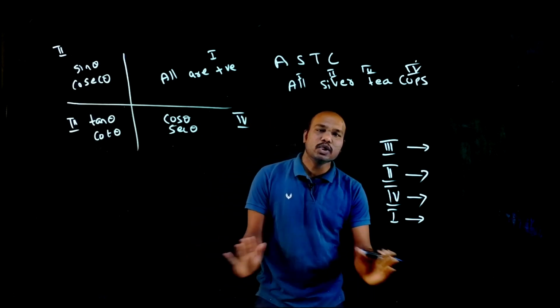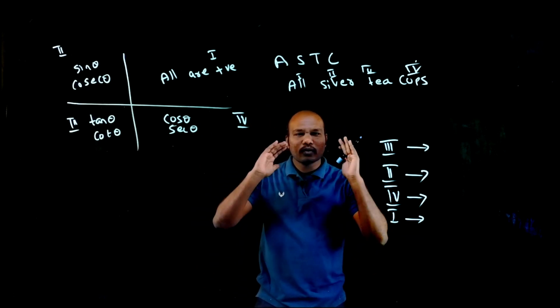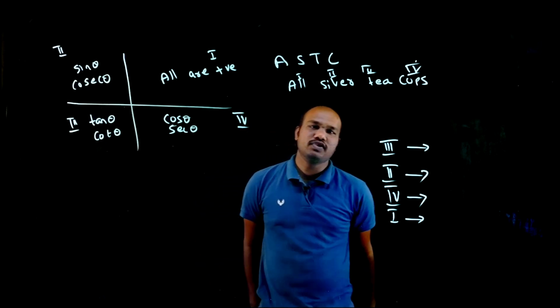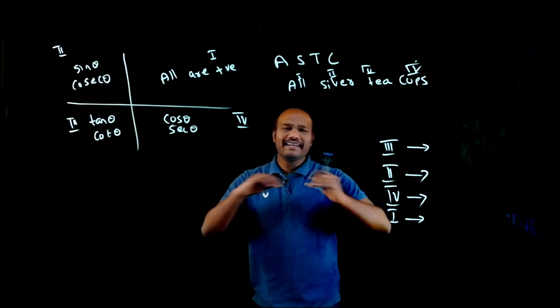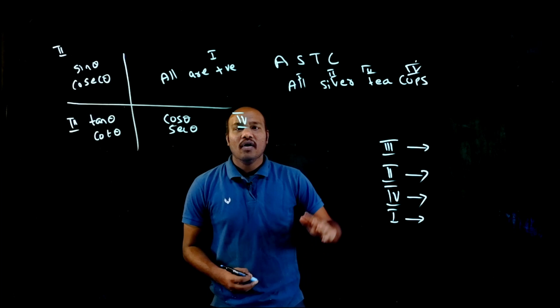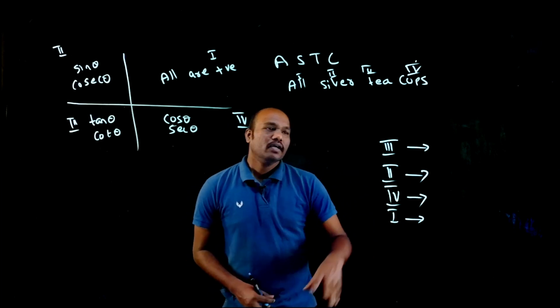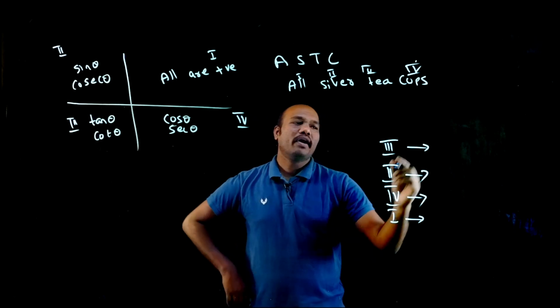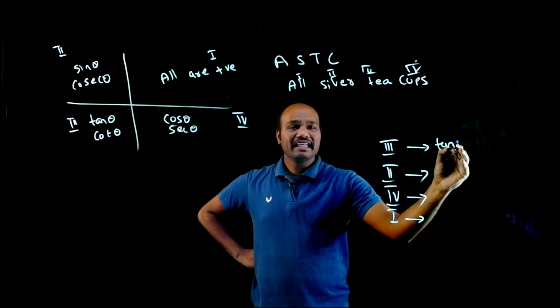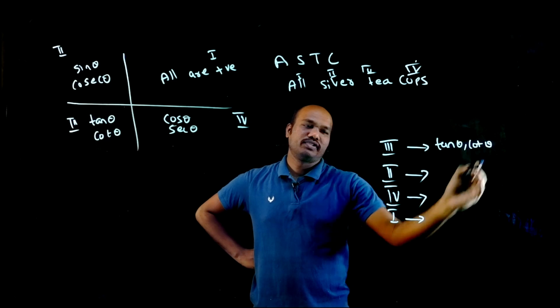We are going very slow. In each video we are taking our own time to just remember this. Once you remember, there is nothing in your textbook. You can learn all the concepts of engineering or your 11th and 12th if you know the basic concepts very clearly, right? So third quadrant, what is positive? Tan. If tan is positive, cot will also be positive.